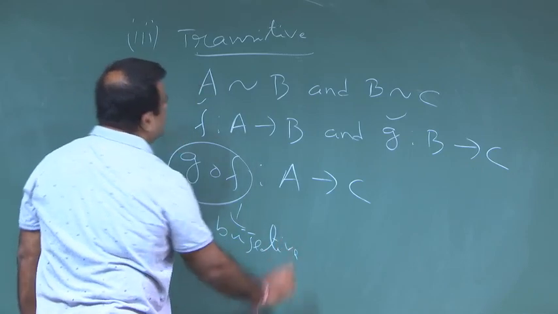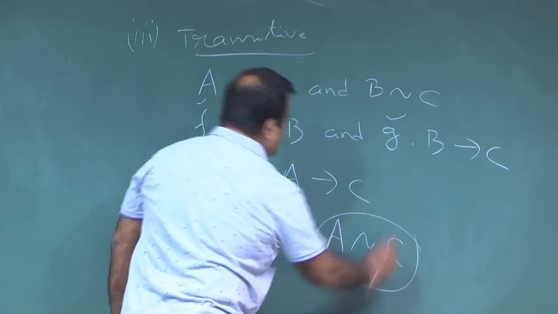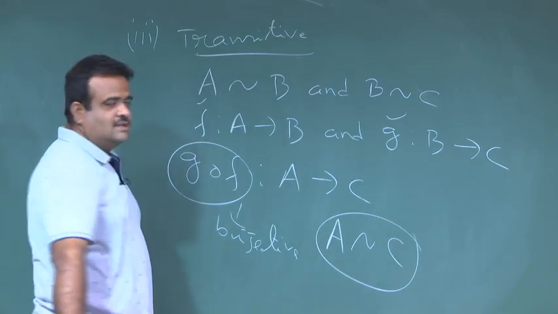So, that means A is equipotent with C, and this equipotent relation is a transitive relation.